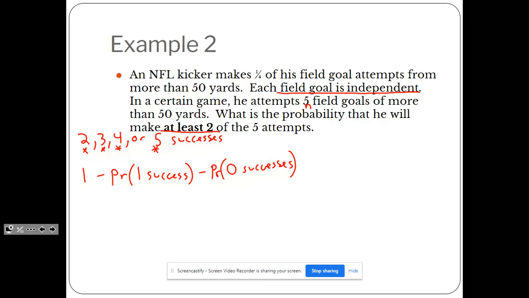Okay, if I do that, what's left is 2, 3, 4, 5, right? Because you can either make none, you can make 1, 2, 3, 4, 5. Take out 1 and 0, that's what I'm left with, is what I want. That means 2. Okay?